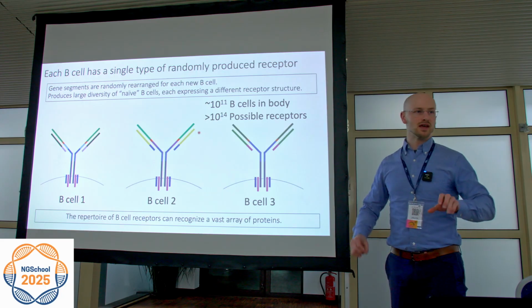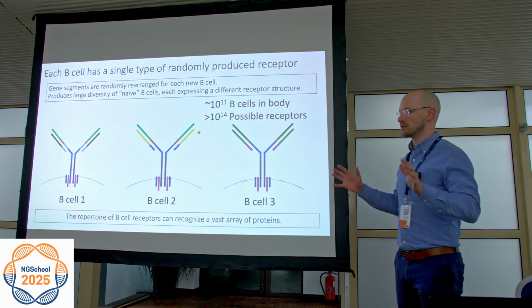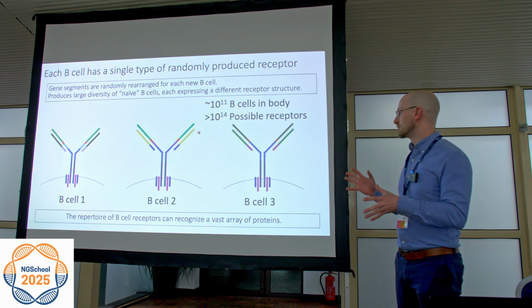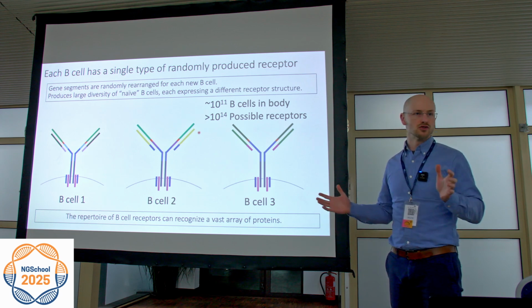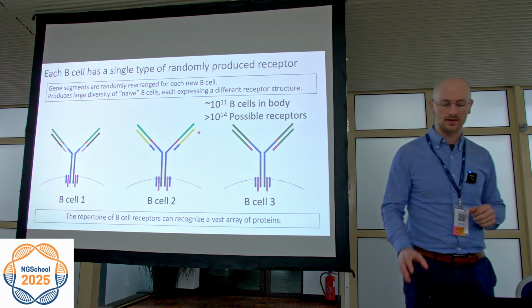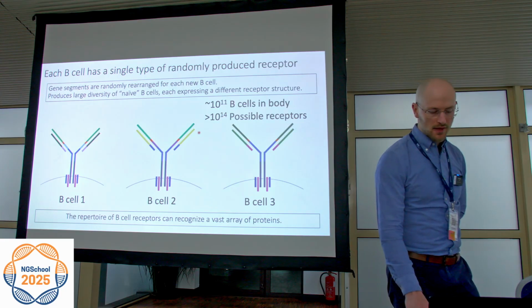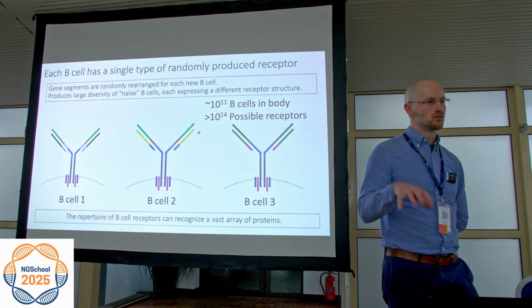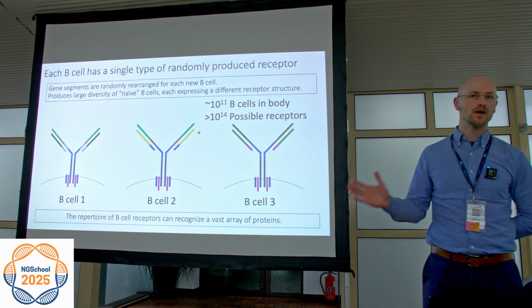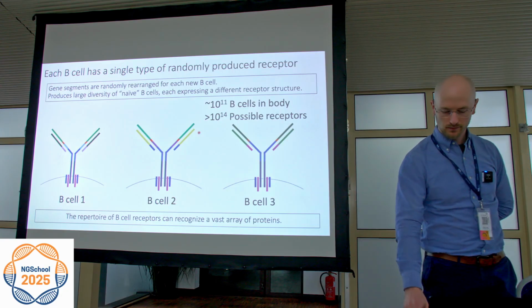So this is a really huge diversity of potential receptors, and in fact, larger than the body actually has to produce. And this large, diverse repertoire can recognize a vast array of proteins.